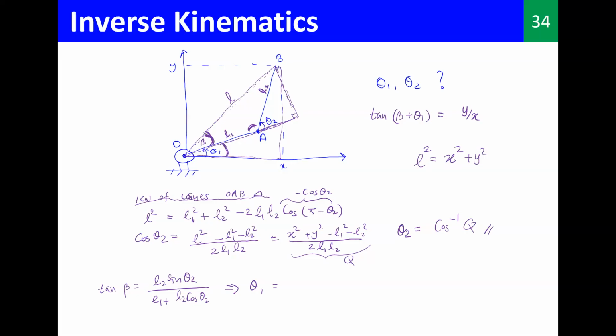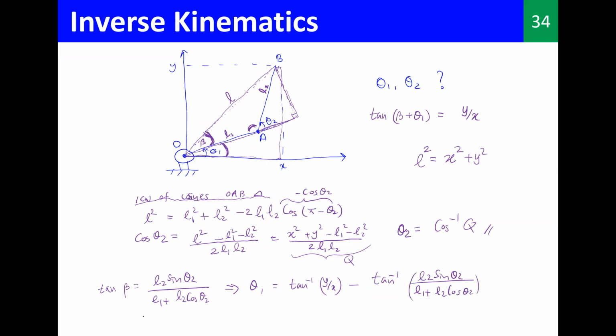So from that, I may write this as tan inverse y over x, that whole angle, minus tan inverse L2 sine theta 2 over L1 plus L2 cos theta 2.